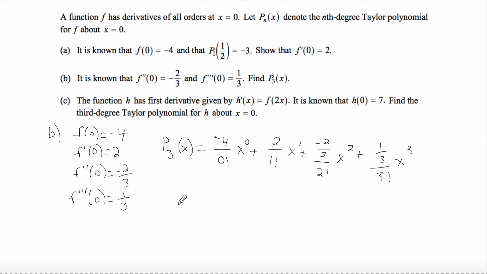This is our third degree Taylor polynomial. You can leave it, but that's not how you spell it. Write the letter p and combine it with a 3 also.